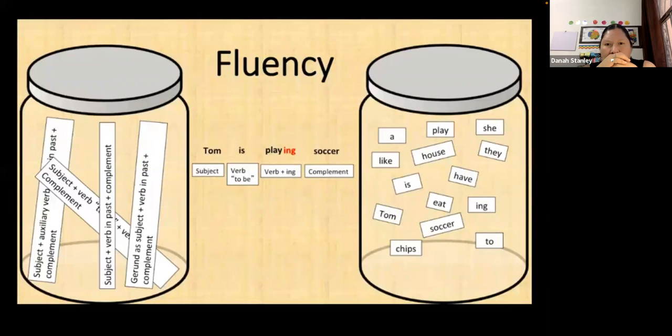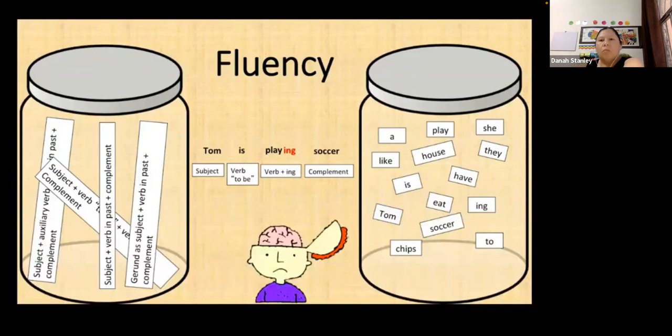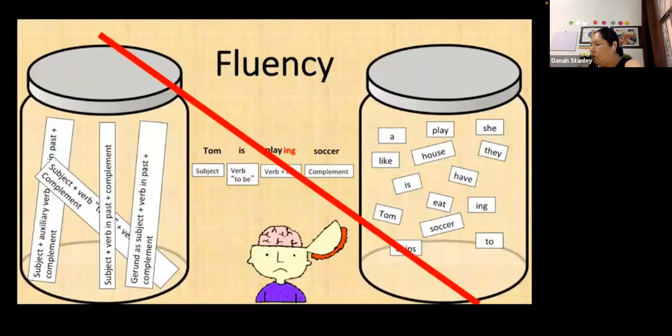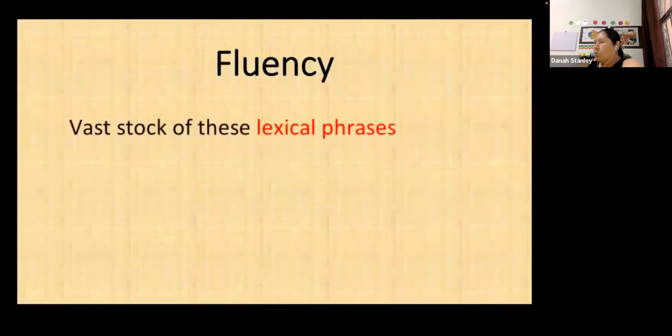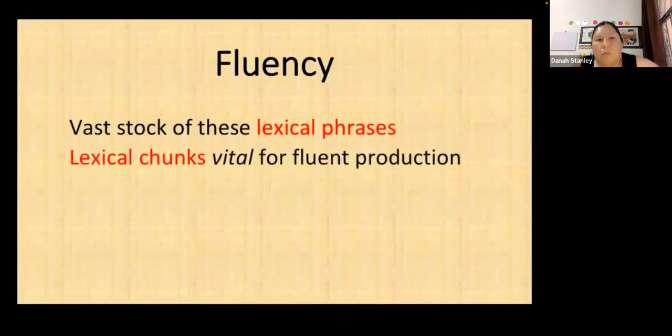So according to the grammatical approach, the brain accesses every single constituent of this sentence and then forms the sentence to achieve communication. But according to the lexical approach, this is not the case. Fluency is rather the accumulation of vast stocks of these lexical phrases. Lexical phrases or lexical chunks are therefore vital for fluent production.